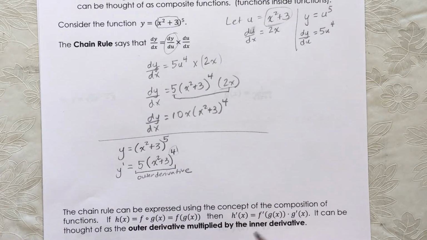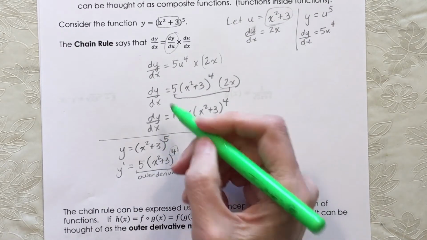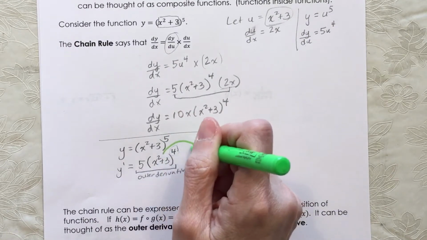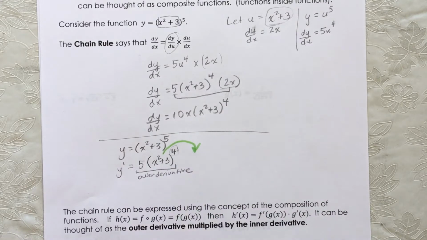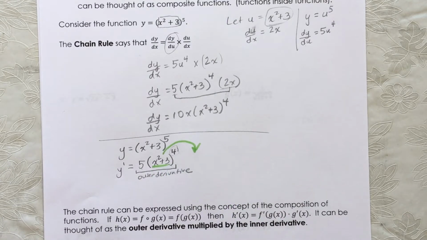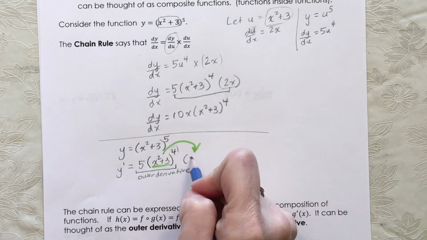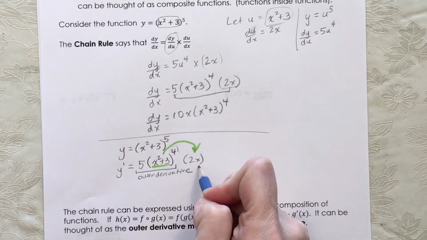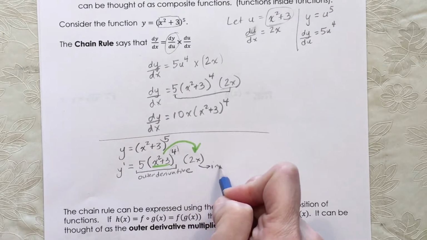Now we multiply that by the derivative of what's inside the brackets. The derivative of x squared plus 3 is 2x, and that's going to be called the inner derivative.